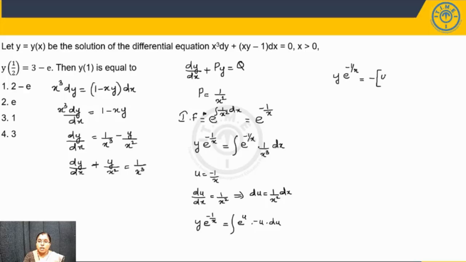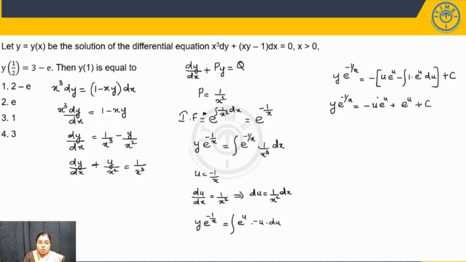So u into integral of e raised to u, minus integral of derivative of u into e raised to u du. So this will be the required integral, plus c. So we have y e raised to minus 1 by x equal to minus u e raised to u plus e raised to u plus c.